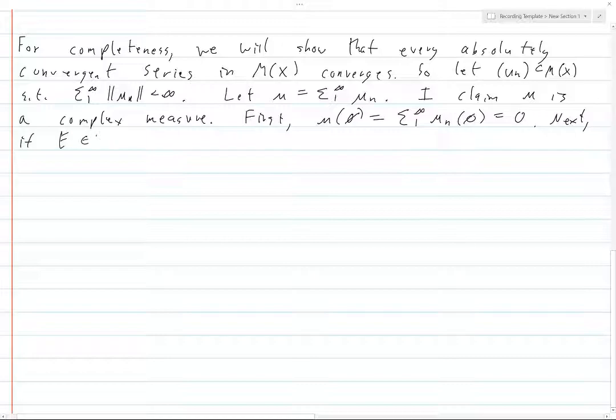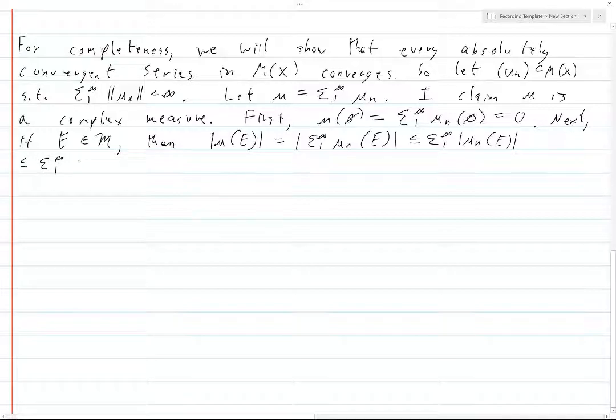So if E is an element in script M, then we need to bound the μ measure of E. So this by definition is the sum from 1 to infinity of μ_n(E). And this is less than or equal to the sum from 1 to infinity of |μ_n(E)|, just bringing the absolute values inside. Certainly this is less than or equal to the measure of the whole space in absolute value.